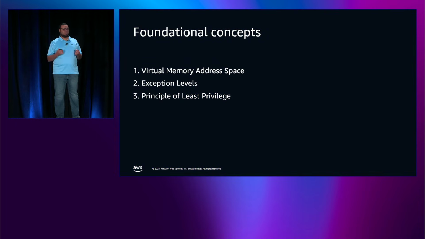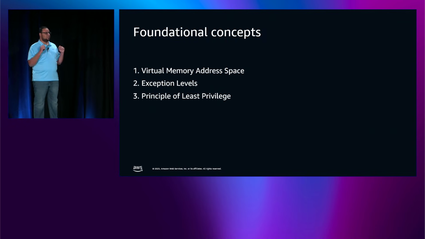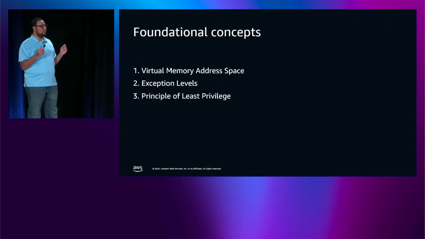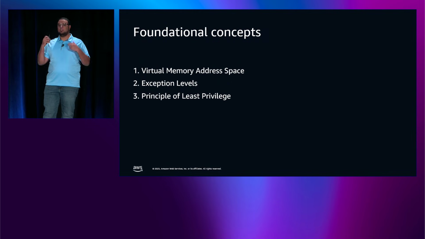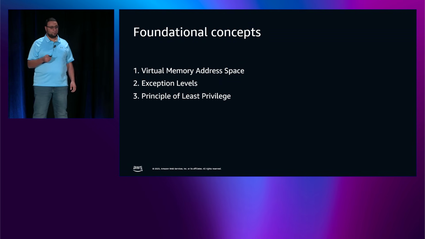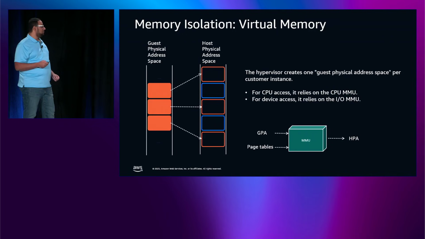Before diving into the Nitro Isolation Engine and taking you one step lower, I would like to introduce you to three foundational concepts that will set the stage for everything I will say afterwards. It will also show you how we are thinking about hypervisors, how we designed them, and how the Nitro Isolation Engine is a natural step in our design of hypervisors. So the first concept is memory isolation.